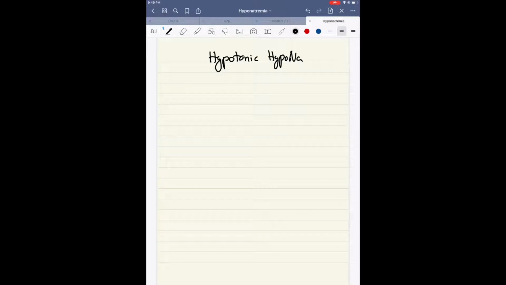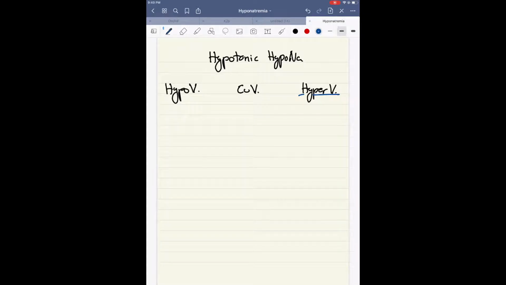The way we break down hypotonic hyponatremia is based off volume status. We have three volume statuses: hypovolemic, euvolemic, and hypervolemic causes. With hypervolemic causes, you're very overloaded, right? On history and physical, you're going to see lower extremity edema, crackles, ascites, JVD.